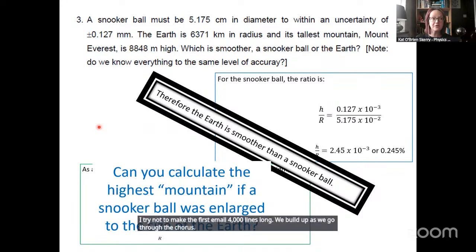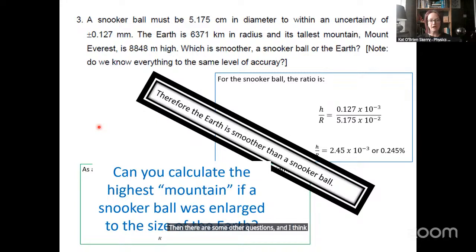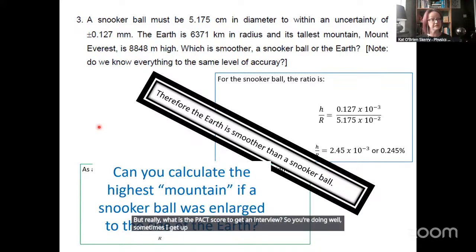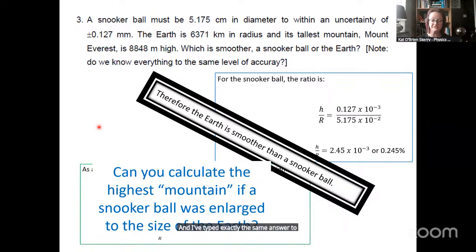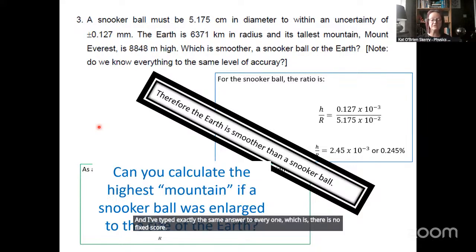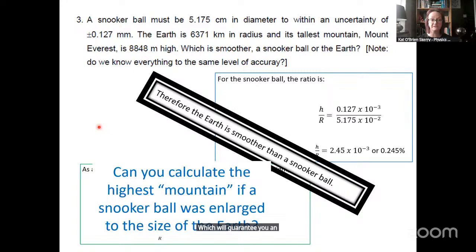Then there are some other questions, and I think so far I've only answered 9 people asking me, but really, what is the PAT score to get an interview? So you're doing well. Sometimes I get up to 100 of those in an evening. And I've typed exactly the same answer to everyone, which is there is no fixed score which will guarantee you an offer of a place in Oxford.